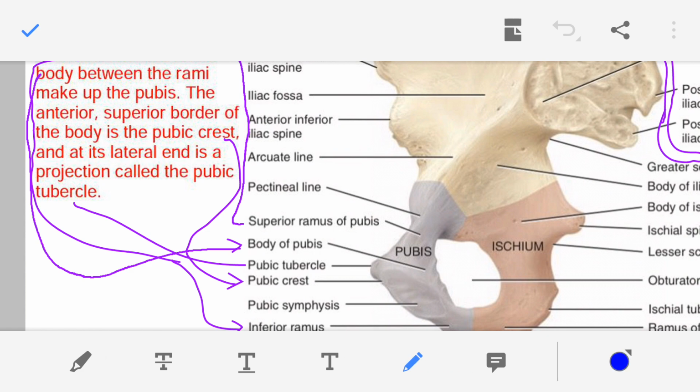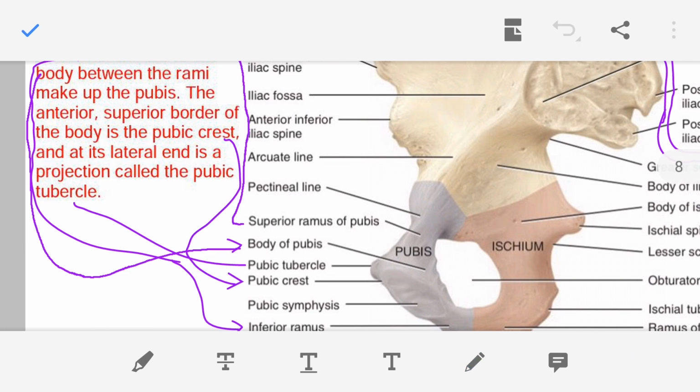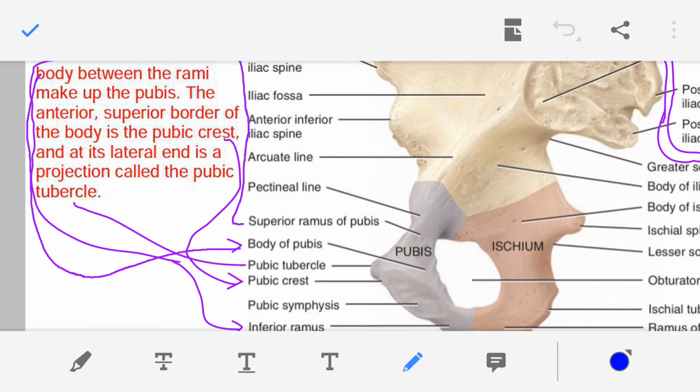So this one, anterior superior border of the body is the pubic crest, and its lateral end is a projection called the pubic tubercle.